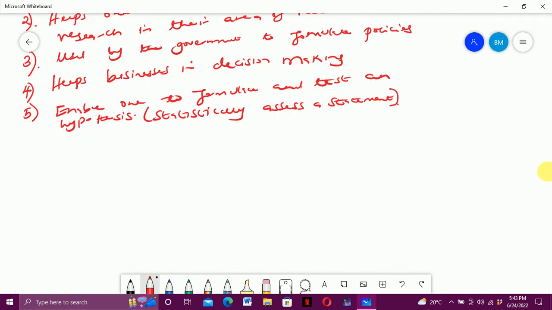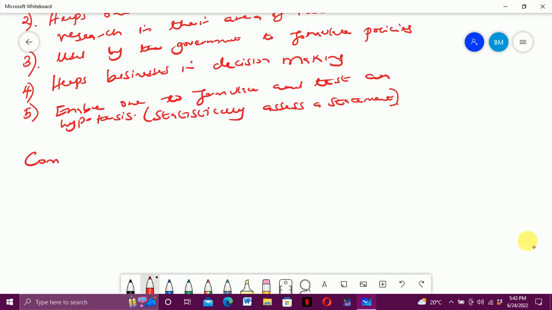It's also useful in business circles because it helps in decision making, and it also helps in formulating and testing what we call a hypothesis.